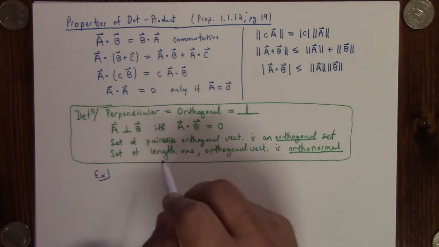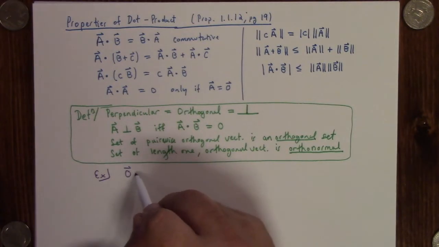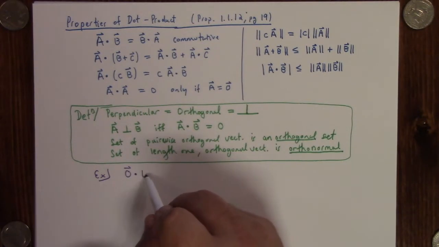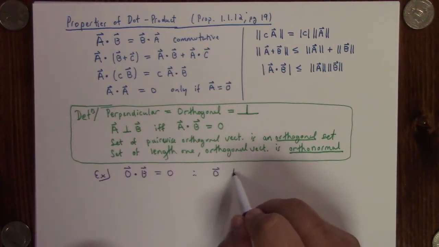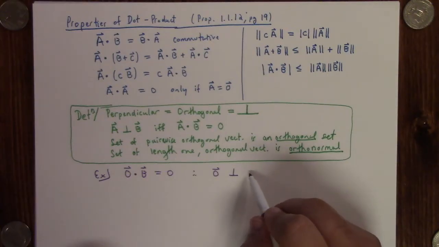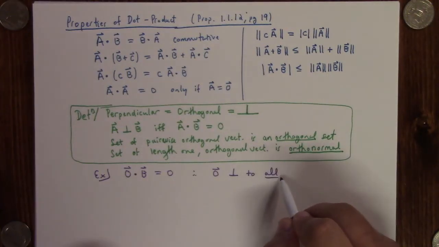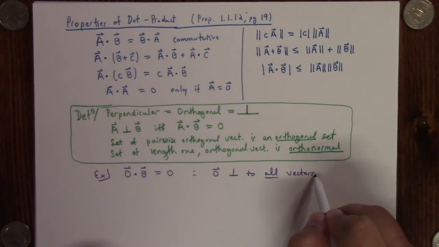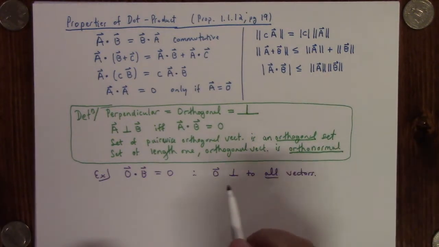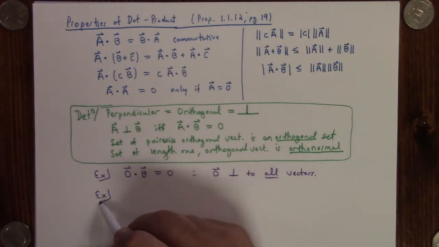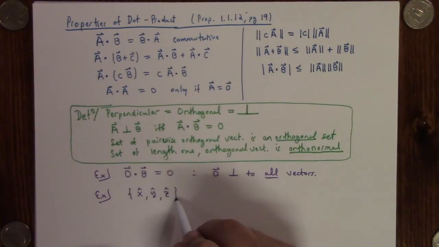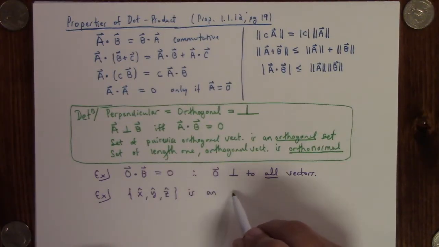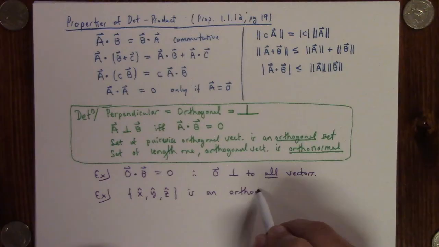The 0 vector is orthogonal to everything. Like if you take the 0 vector dot any vector you like, you get back 0. So the 0 vector is perpendicular to all vectors. So that's kind of funny. Another thing I can tell you is if I take the set of vectors x hat, y hat, z hat, this is an orthonormal set.